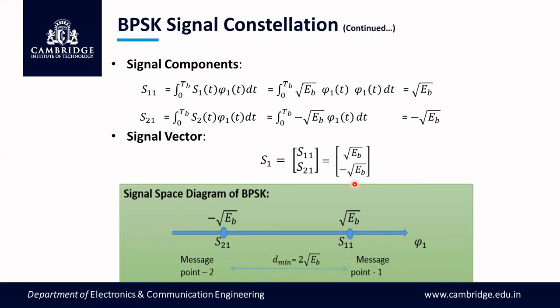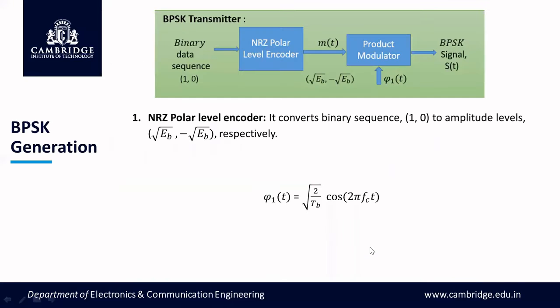The signal space diagram is also shown here with one axis of phi1, having 2 points representing two message symbols. The amplitudes are root EB and minus root EB. Quickly looking into generation, the binary sequence is converted to two different amplitudes of plus and minus and multiplied to get the binary signal.